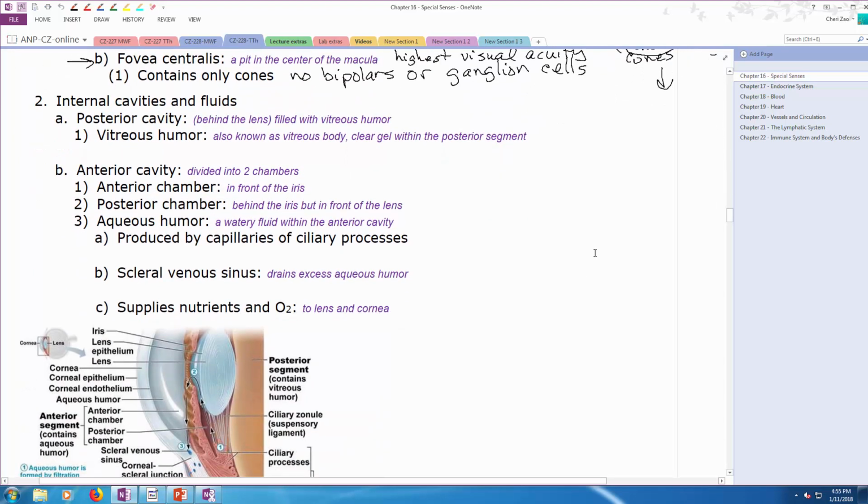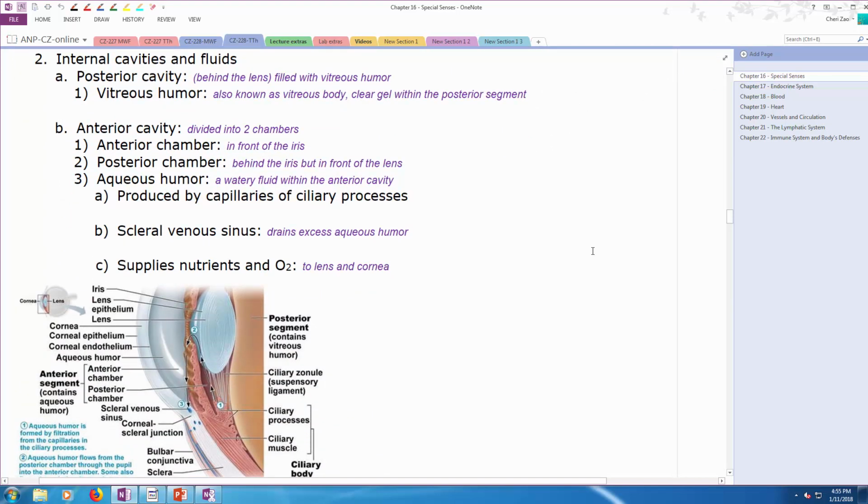Internal cavities and fluids, we've already discussed this, but let's go ahead and fill in the notes. Posterior cavity behind the lens filled with vitreous humor. Vitreous humor is also known as the vitreous body, a clear gel within that posterior cavity or segment, and that's why I wanted to introduce that word too. You might see it in some old exams or some notes.